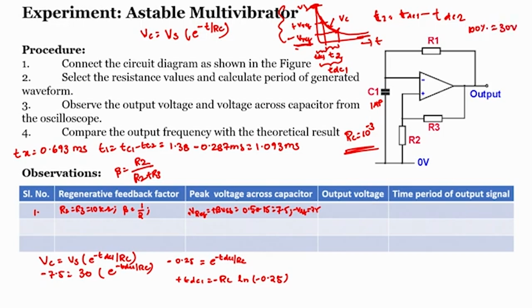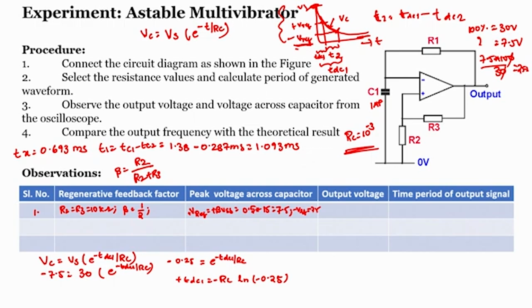Now 7.5 volts is how much? 7.5 into 100 by 30, which is 25%.